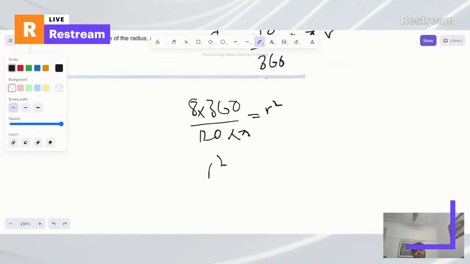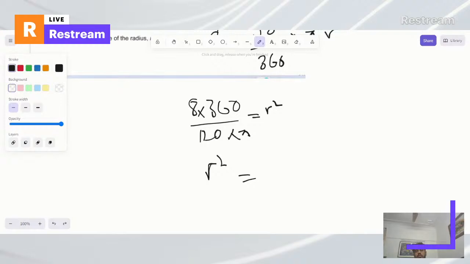So the answer would be r square equals 8 times 360 divided by 120, then divided by pi. So the value we've gained is 7.64.